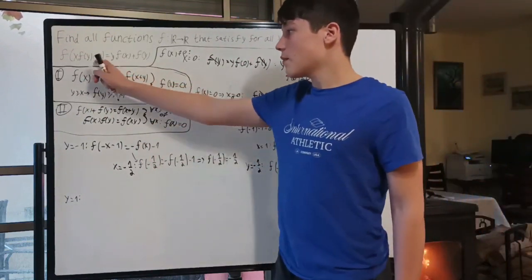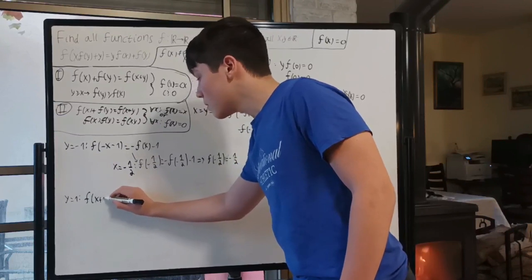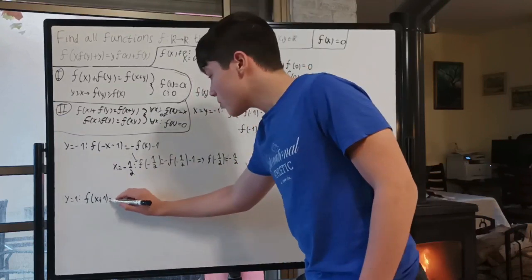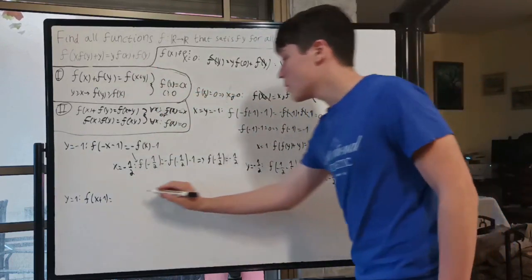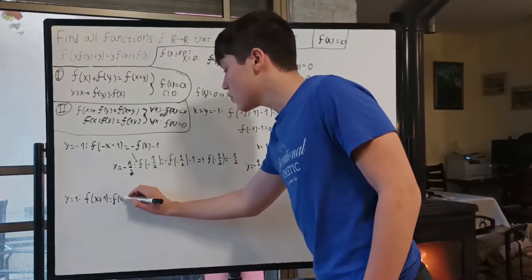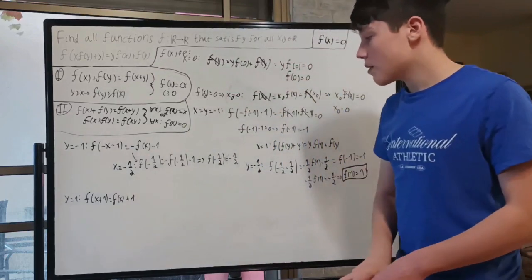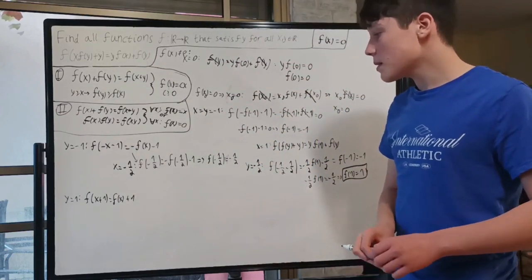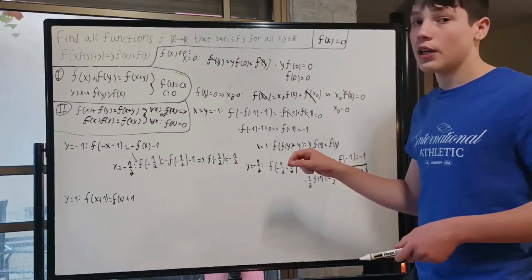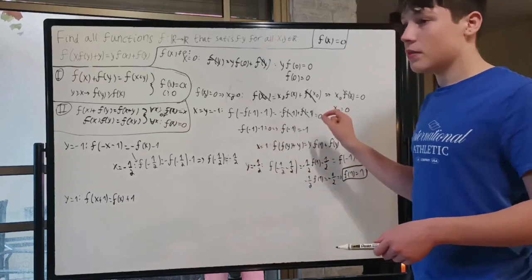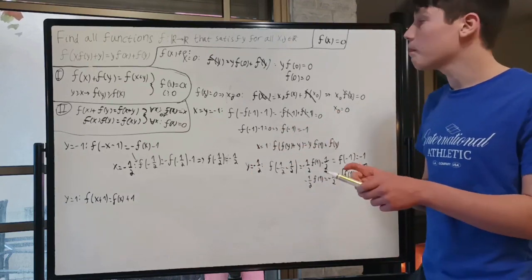So this will get me f of x plus 1 is equal to f of x plus f of 1, which again is 1. Okay, that already looks very promising. That means that if I have a value of the function and I step up by 1, then the function is also going to step up by 1.